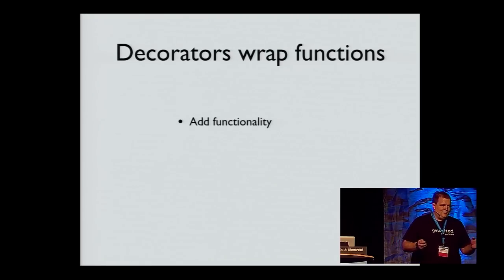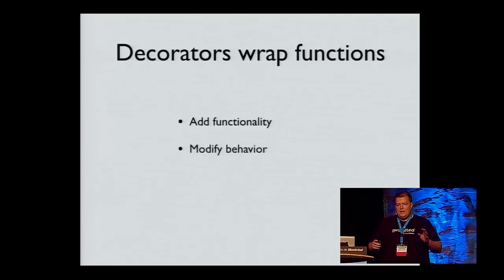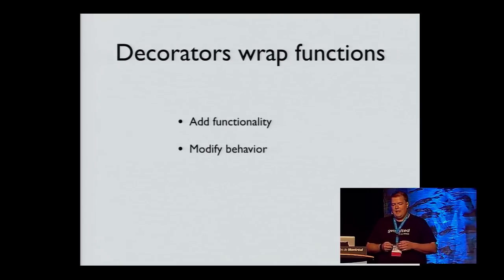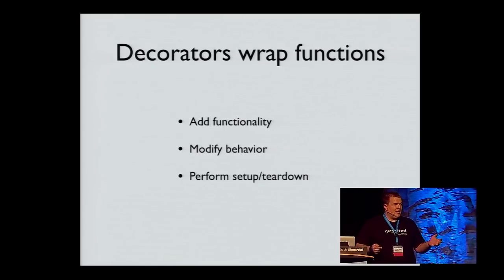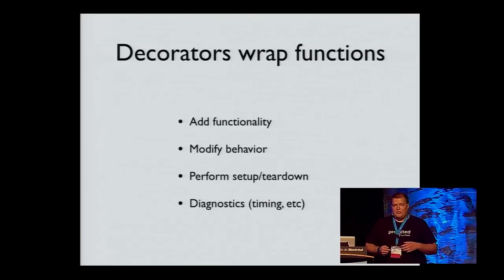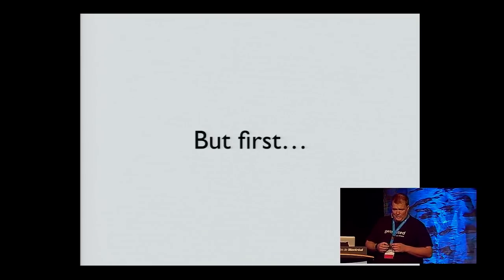We can add functionality to an existing function without modifying that function at all. We can modify its behavior, whether that's as simple as making the return type a string or much more complex examples. Setup and tear down. This is really useful for testing systems or for database connections or whatever you need. And we can also do diagnostics. We can time our code, whatever we need.